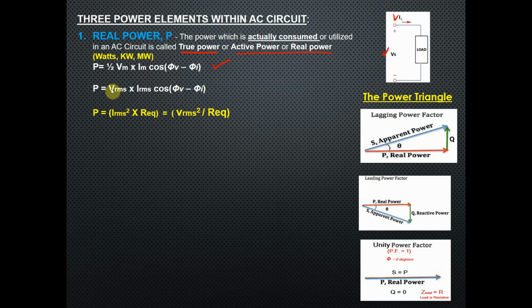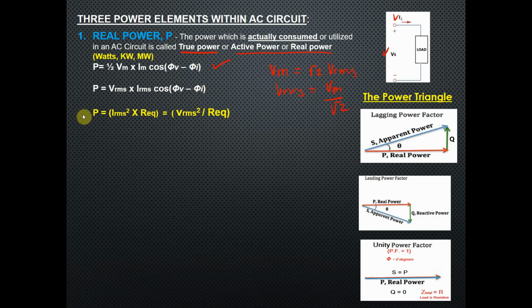Or otherwise, in terms of VRMS, we have power is equal to VRMS times IRMS cosine (theta V minus theta I). So we all know that Vmax is equal to square root of 2 multiplied by VRMS. So if we solve for VRMS, we have Vmax over square root of 2. Okay?